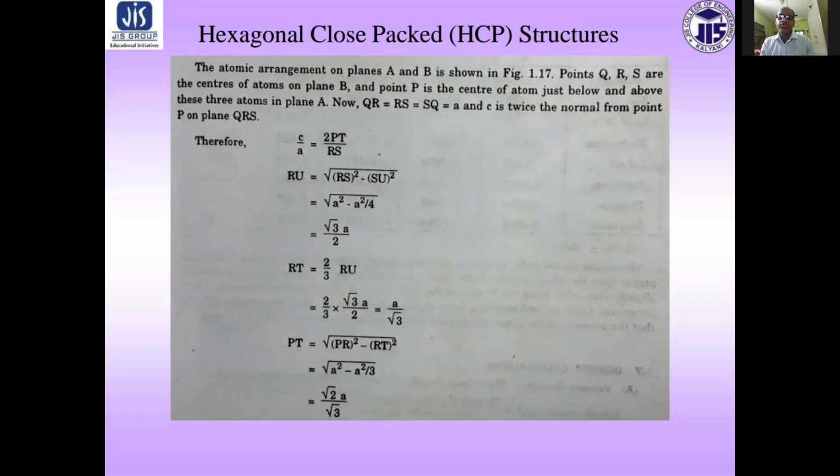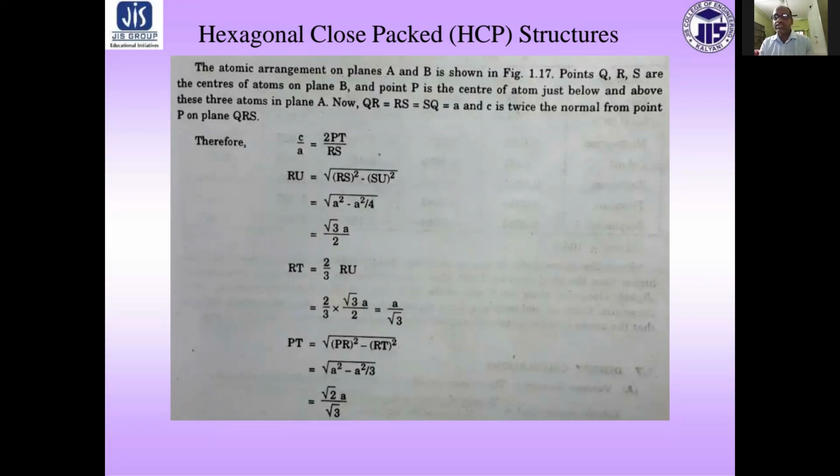PQRS: Q, R, S are the centers of atoms of plane B, and point P is the center of the atom just above these three atoms from plane A. Now QR equals RS equals SQ, which is equal to a, and c is twice the normal from the point P on plane QRS, because c is the total height.